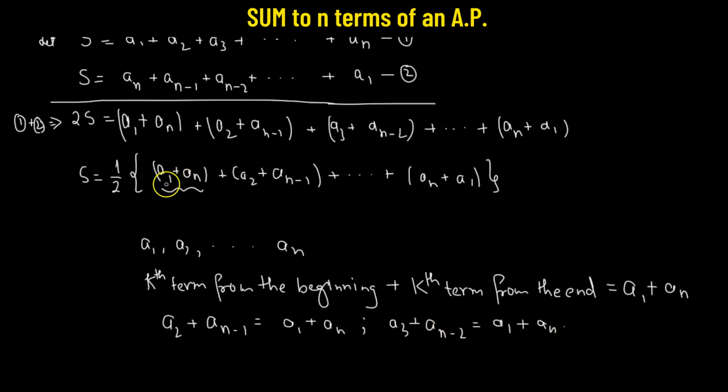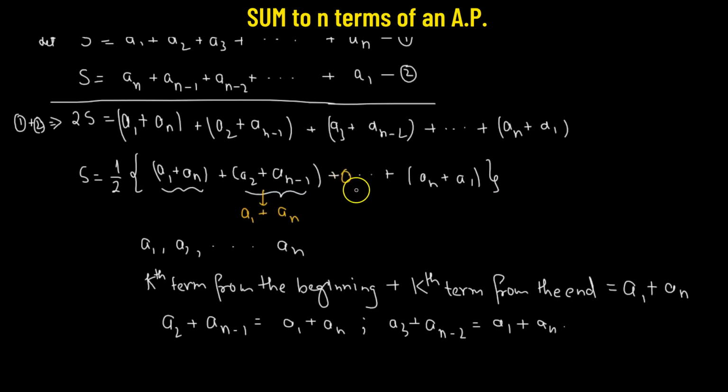So here we already have the first term added to the last term. In the second term here we have a2 added to an minus 1. So a2 represents the second term from the beginning, whereas an minus 1 represents the second term from the end. And this sum is always going to be equal to the first term added to the nth term.